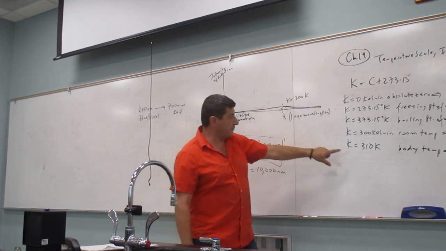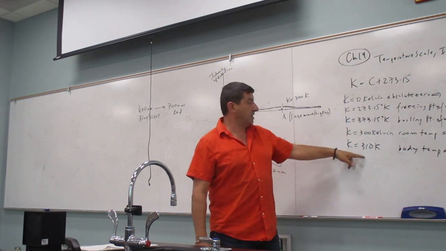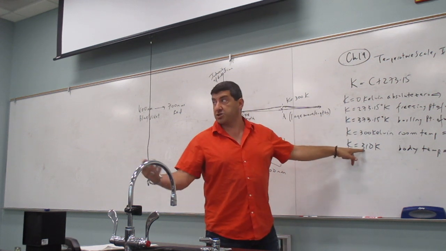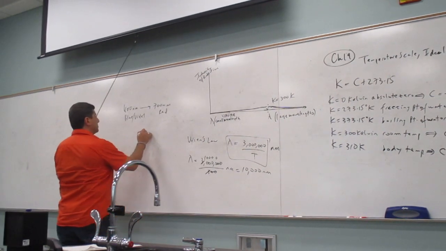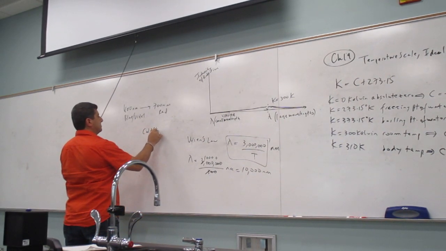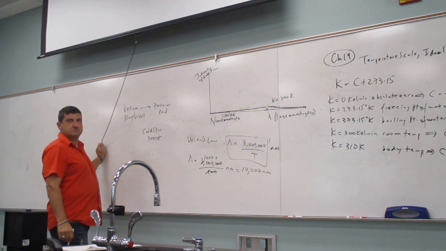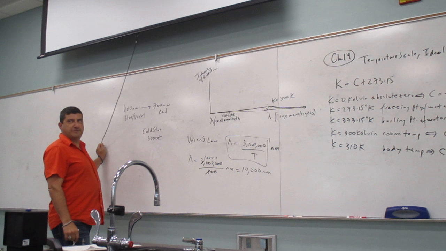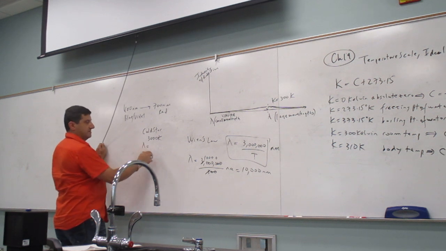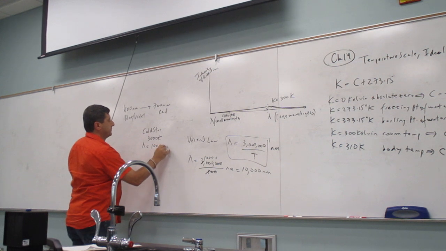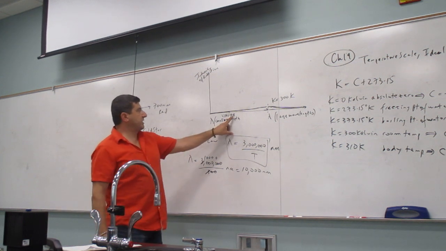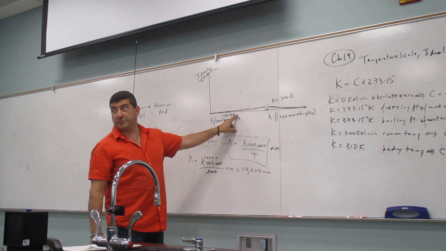But now, if we go to the higher scale, go to 3,000 Kelvin, that's a star, right? So a cold star, 3,000 Kelvin, what wavelength will it peak at? 1,000 nanometers, which is roughly the higher end of the red.